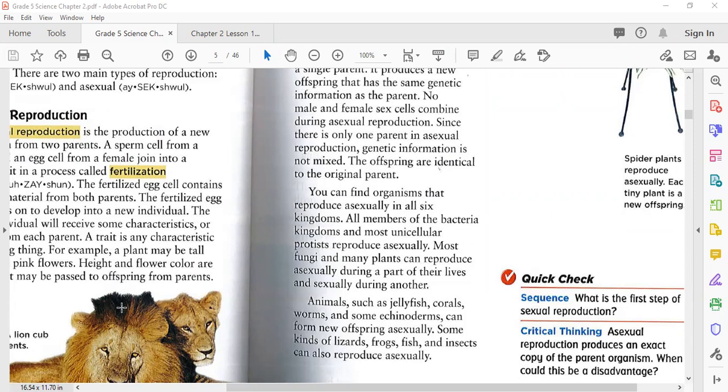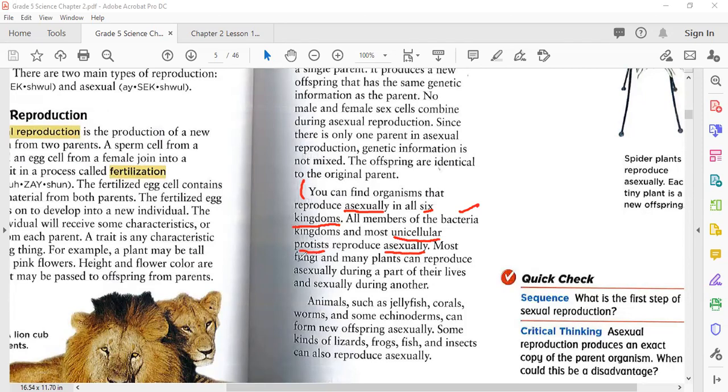Okay, you can find organisms here that reproduce asexually in all 6 kingdoms. Whatever kingdoms we learned, like arthropoda, mollusks, cnidarians, amphibians, we will find all of these in the 6 kingdoms. All members of the bacteria, the first kingdom, and most unicellular protists reproduce asexually.